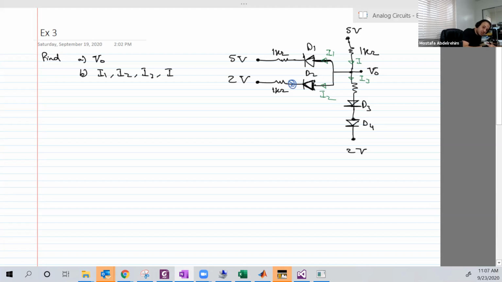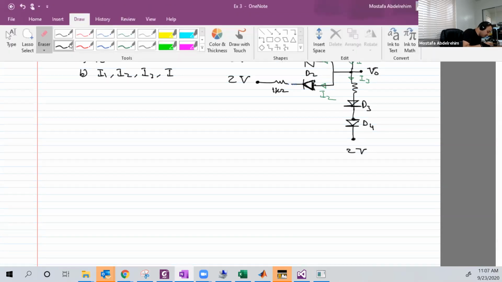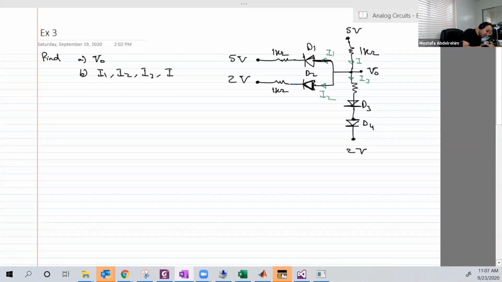Don't assume the other way. If it's not mentioned what the current direction is, you know what to do. Assume always that the current in the diode flows from P to N and the voltage is the opposite, just like a resistor.